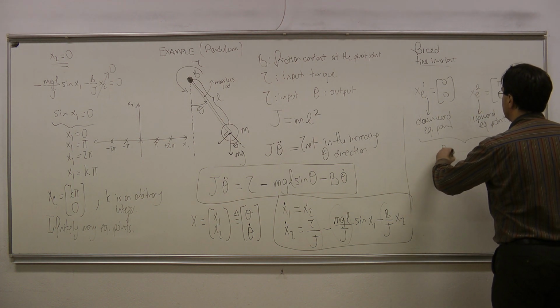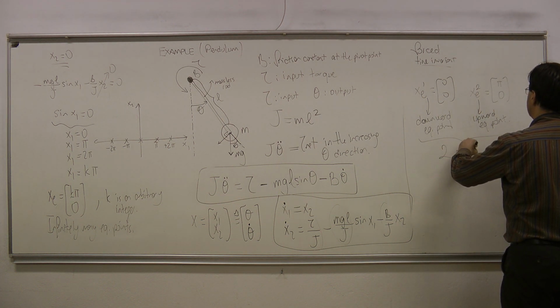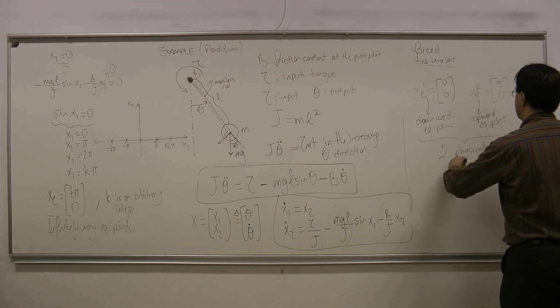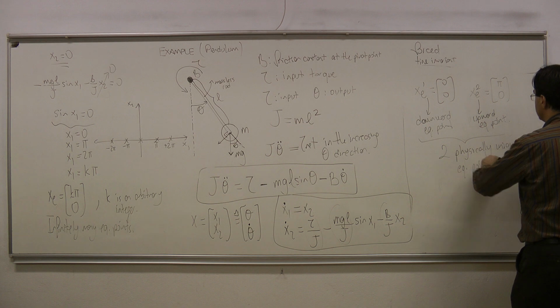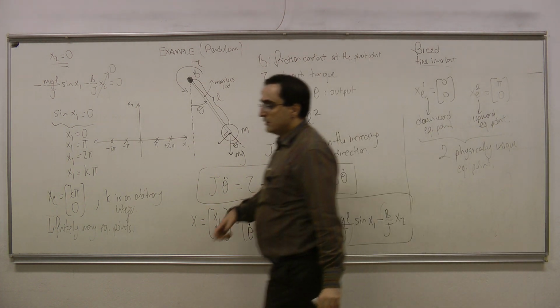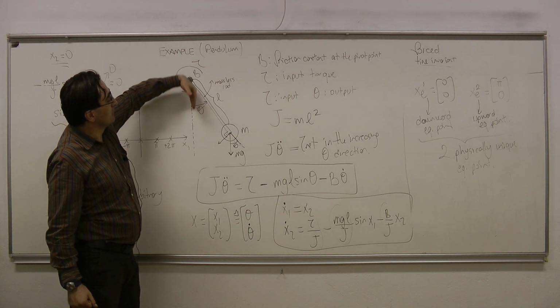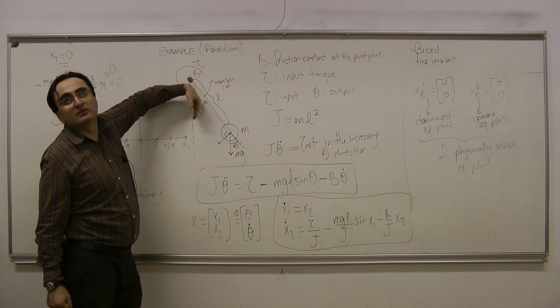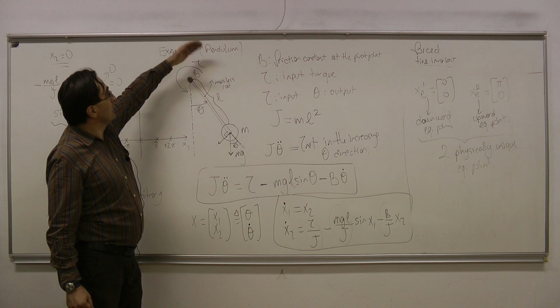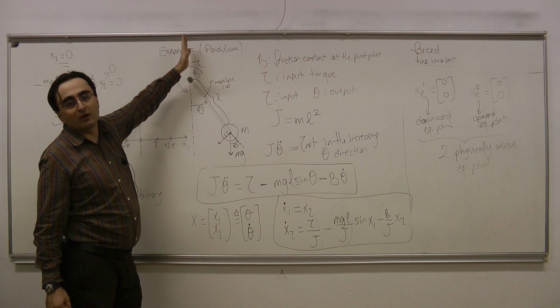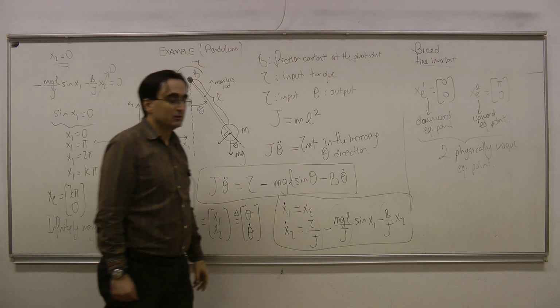So, 2 physically unique equilibrium points. Okay? In one of the equilibrium points, the pendulum is looking exactly downwards with 0 angular velocity. And in the second one, the pendulum is looking upwards and it's vertical. Okay?